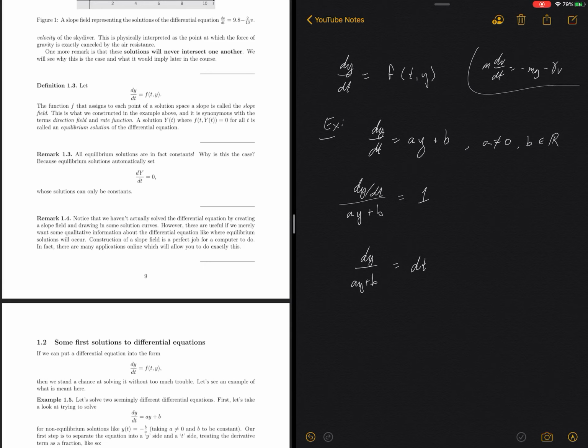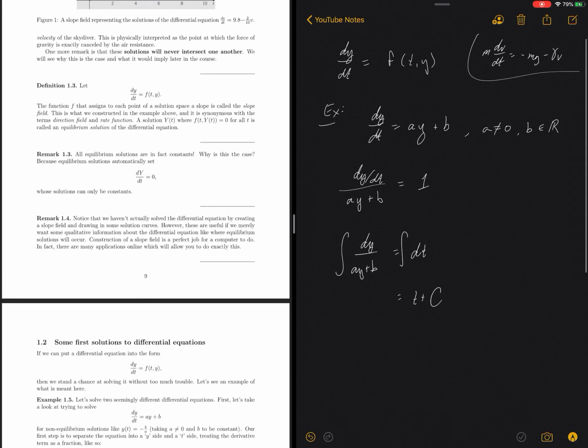So I'm effectively pulling all the y's over to one side of the equation and all the t's over to the other. And once I'm there, I can integrate each side respectively, right? Because the derivatives of the things we're looking for have to satisfy this relationship.